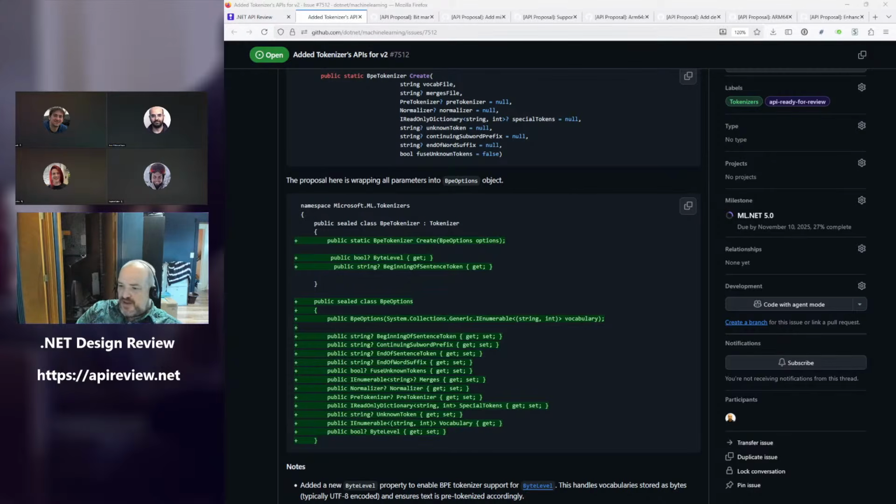Yeah, I think my loader question would be, should BPE options have a constructor overload that takes the vocab and merges file parameters so you can just switch from one syntax to the other? This would be a good idea, because most of the scenarios that users need have both vocabulary and merges, but not in all scenarios.